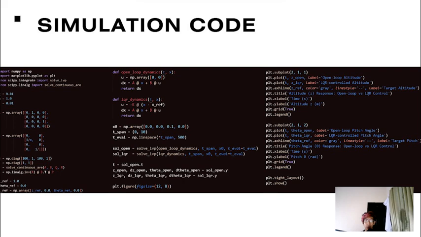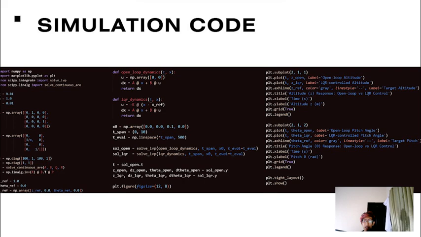This Python code simulates and compares the altitude and pitch control of a simplified quadcopter model using a linear quadratic regulator, or LQR. The system is modeled with four states: altitude z, vertical velocity dz, pitch angle theta, and angular velocity d theta.